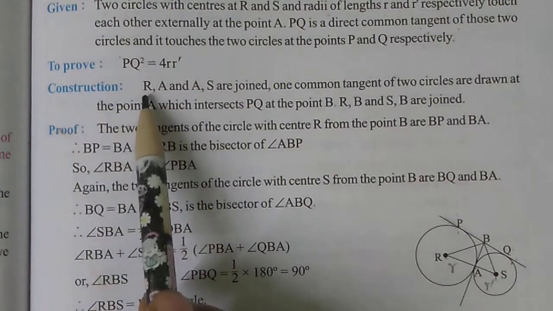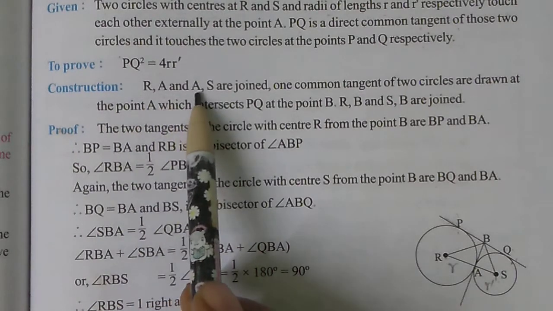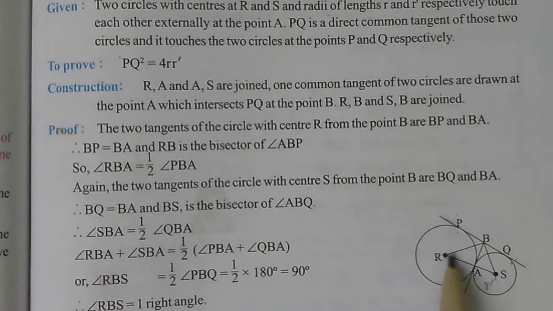Construction: R, A and A, S are joined. We join R, A and S. A is the point of touch, that is the common point.